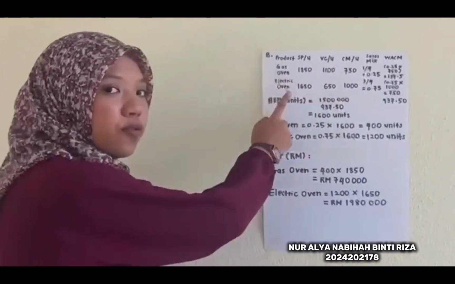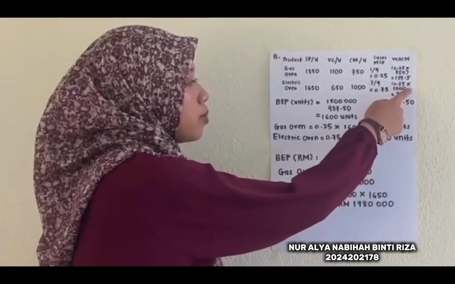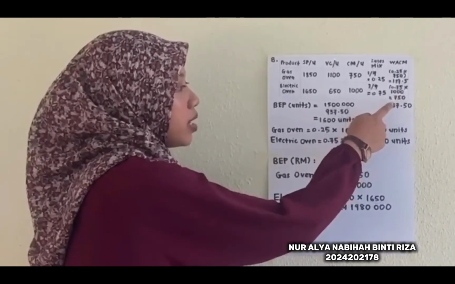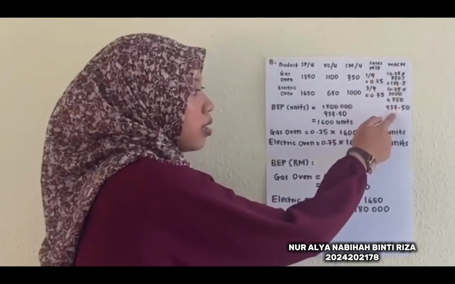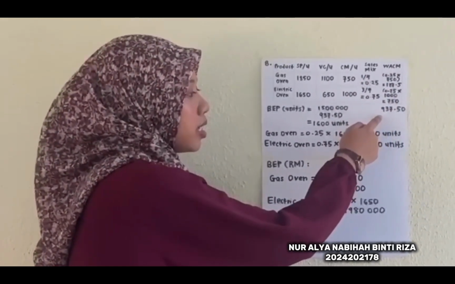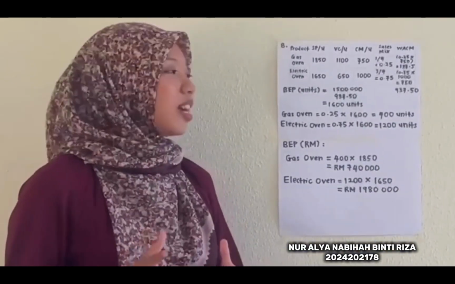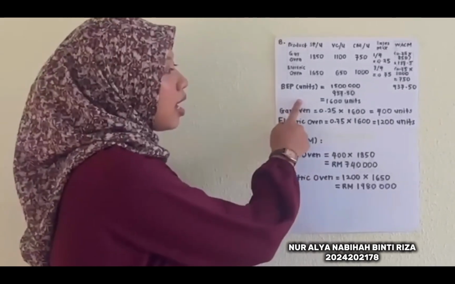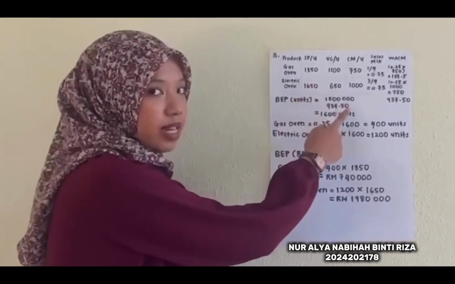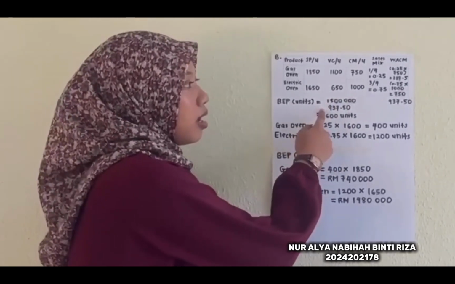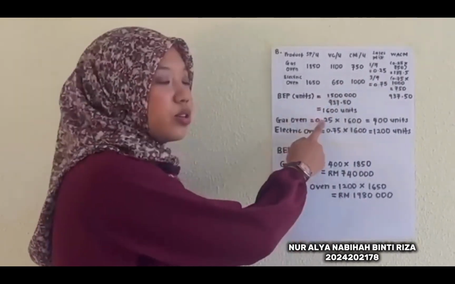And then for electric oven, 0.75 times 1,000 equal to 750. So we need to total the weighted average contribution margin, which is 937.50. Next, we have to calculate BEP units by using the formula. Total fixed cost is given 1.5 million divided by total weighted average contribution margin, and then we get 1,600 units.